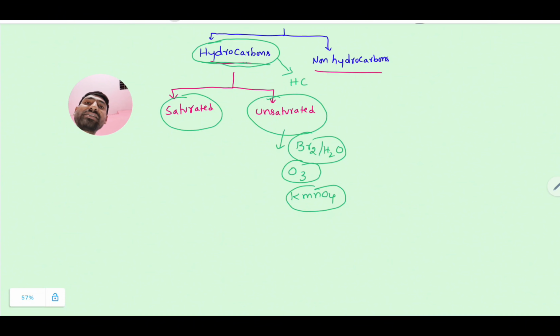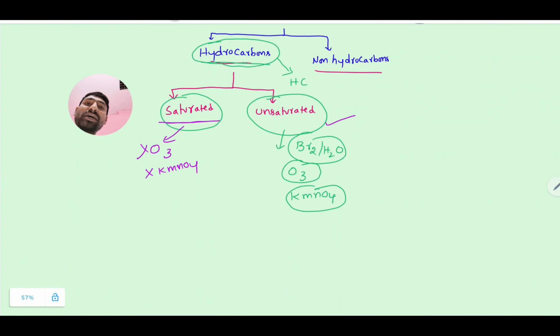They are considered unsaturated hydrocarbons. Those that cannot decolorize bromine water, cannot react with ozone, and cannot decolorize KMnO4 are considered saturated hydrocarbons.